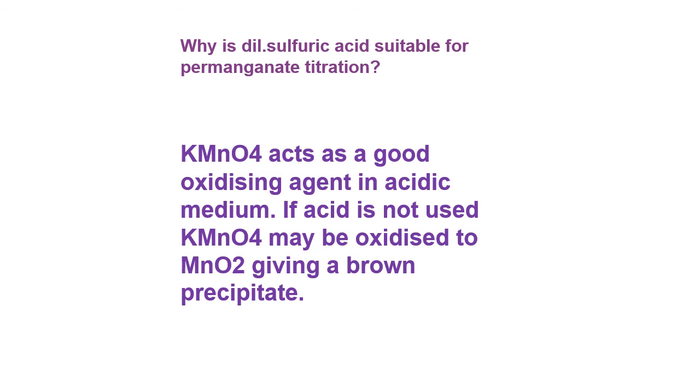To do this, it performs its role in the acidic medium. Otherwise, if you carry out the reaction without an acid, instead of MnSO4, MnO2 forms, which is a brown precipitate that will hinder our titration. So it becomes an obstacle for our titration. Therefore, to avoid these practical problems, we carry out permanganate reactions in the acidic medium.